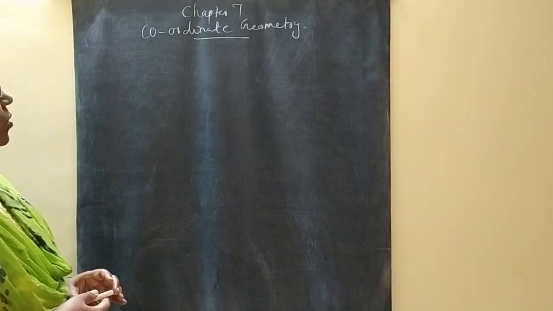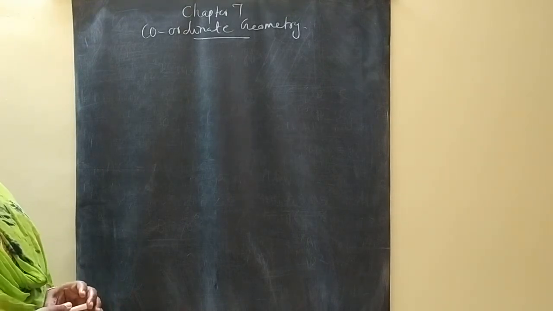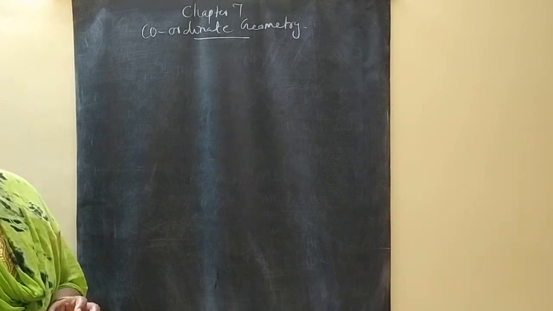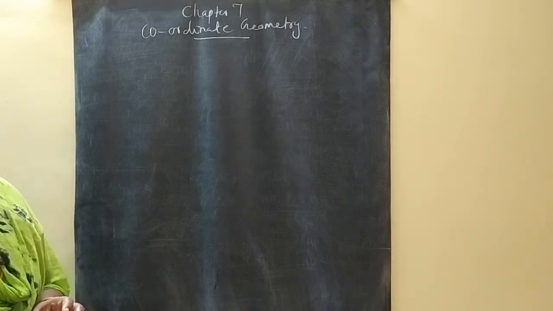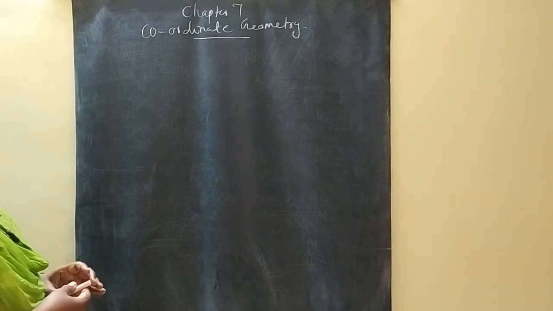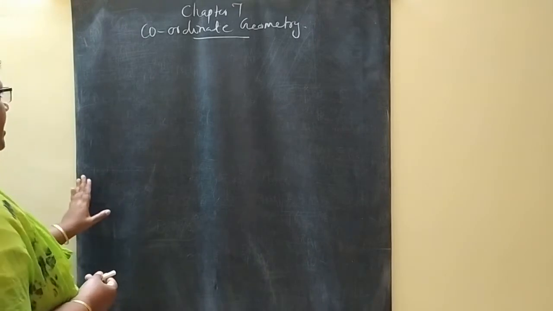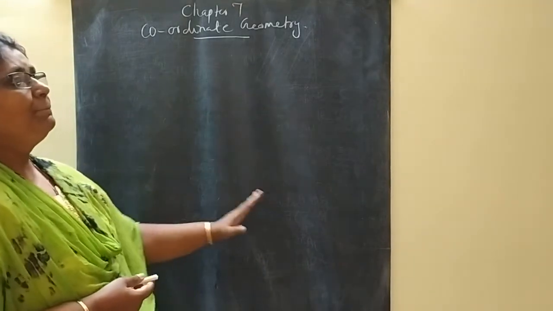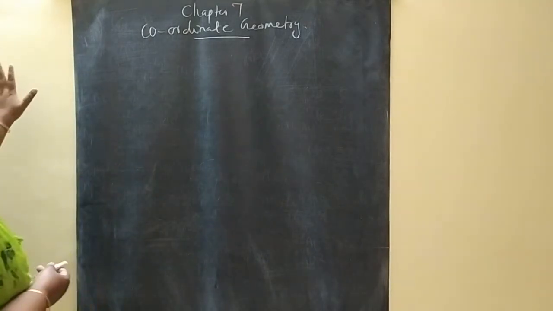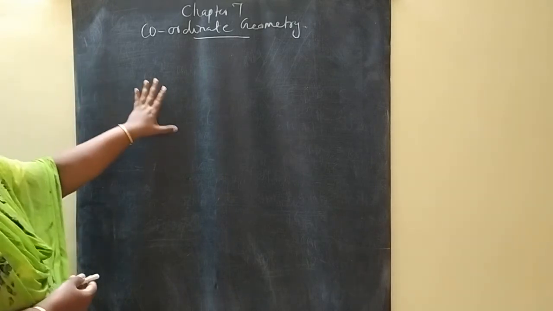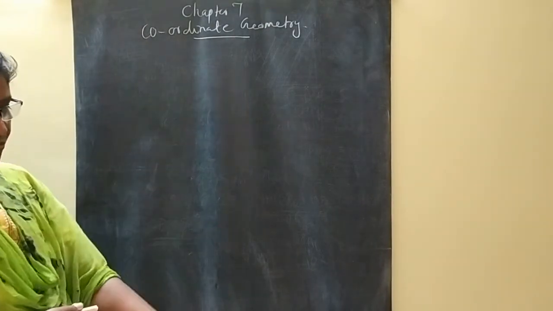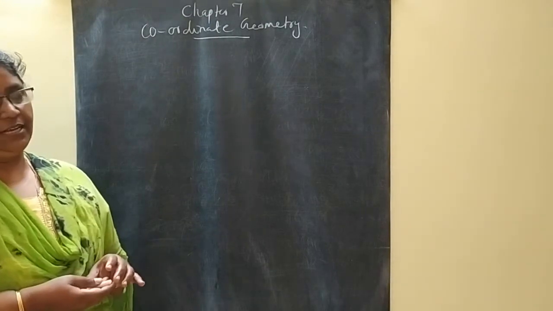So, coordinate geometry means it is a rectangular coordinate system. If we consider this blackboard as a plane, this is a plane. We can tell this wall is a plane, this blackboard is a plane, this floor is a plane, like that.